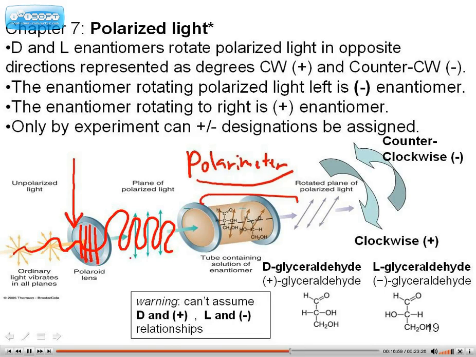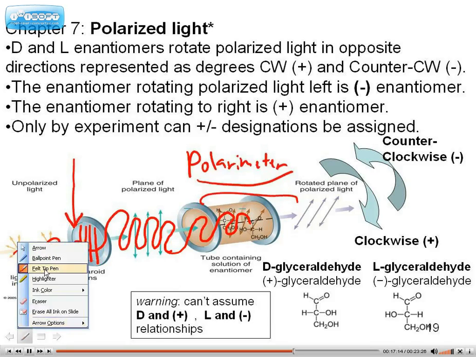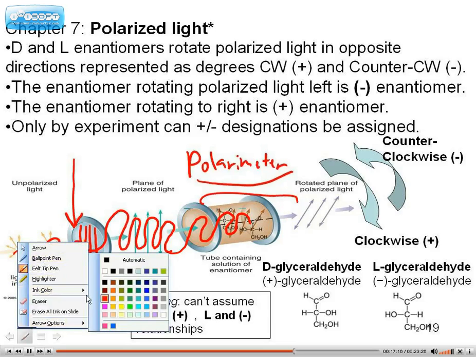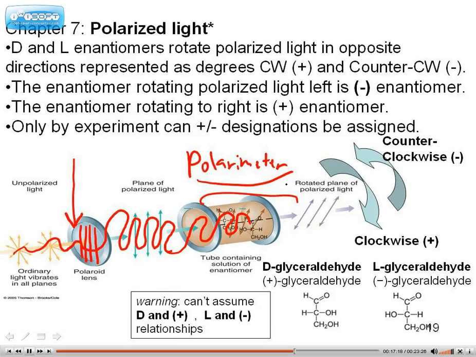So single planes of light. And it turns out that when they pass into a polarimeter containing a pure enantiomer, it will actually rotate that plane of light. It will either rotate it clockwise or counterclockwise, one of the two.